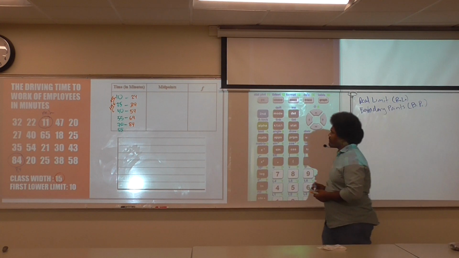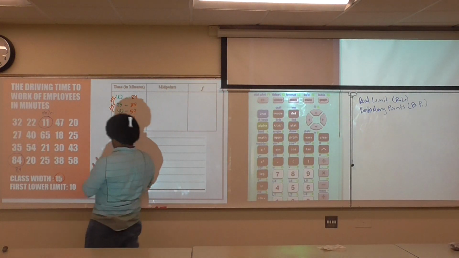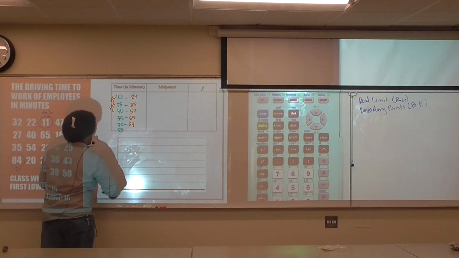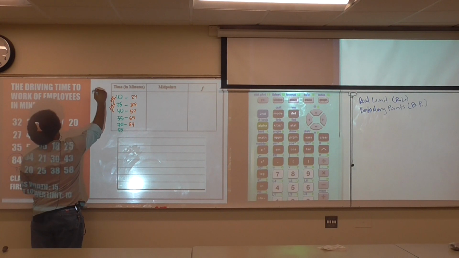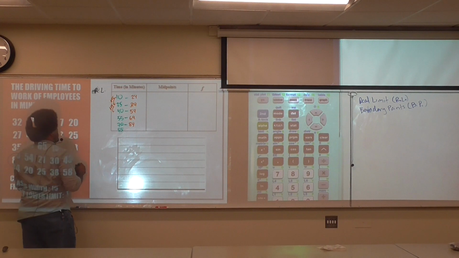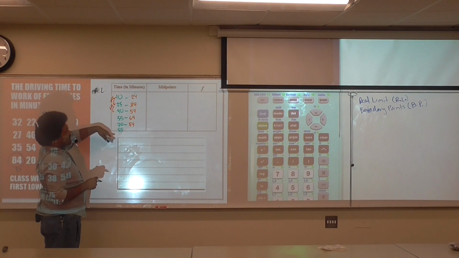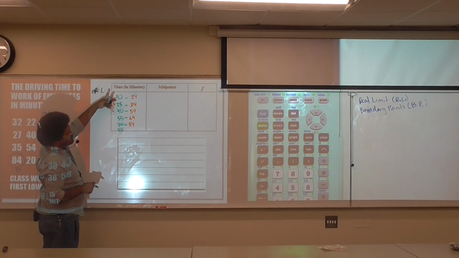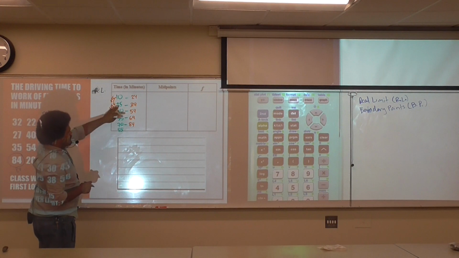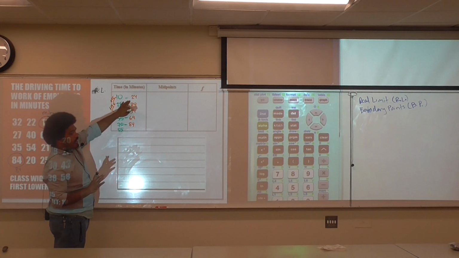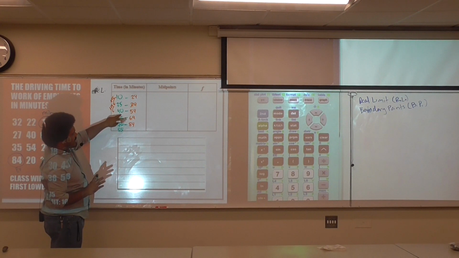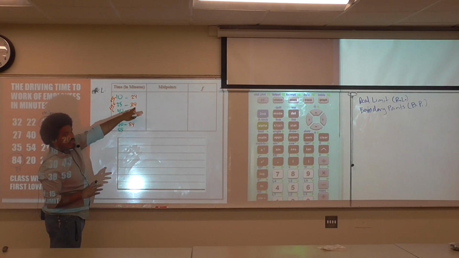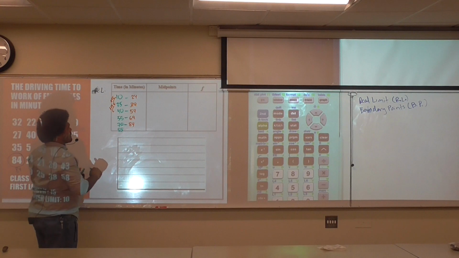But anyway, over here I'll be writing my real limits, RL. So real limits is pretty much how we put the lower limits. Let's go lower limit to lower limit. Those are the real limits. Anything that's in this lower limit should be going to this interval no matter what. Anything less than 40, which is this class's lower limit, should be going to the previous interval no matter what.